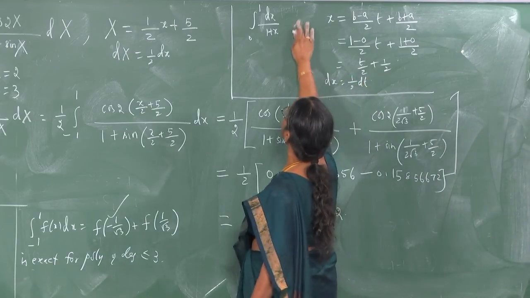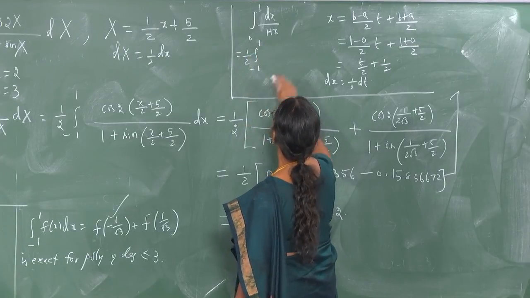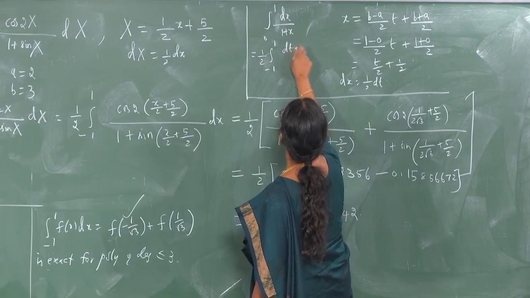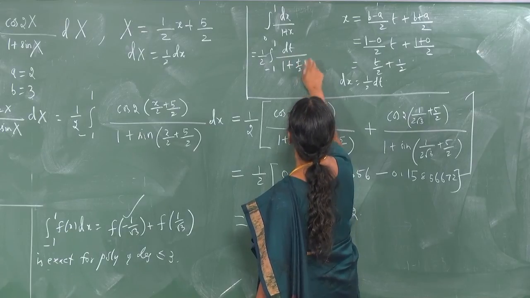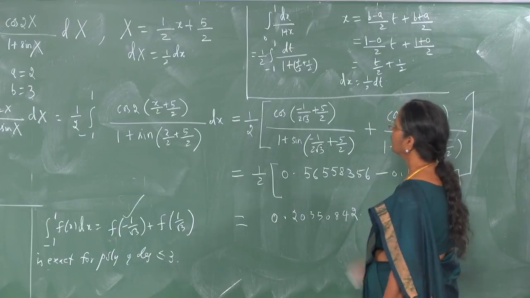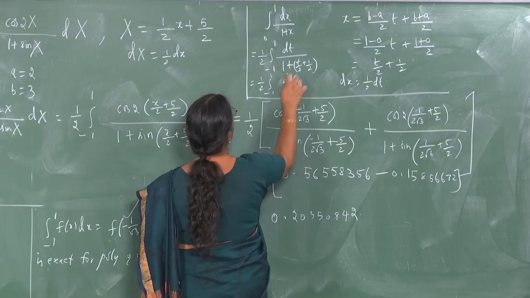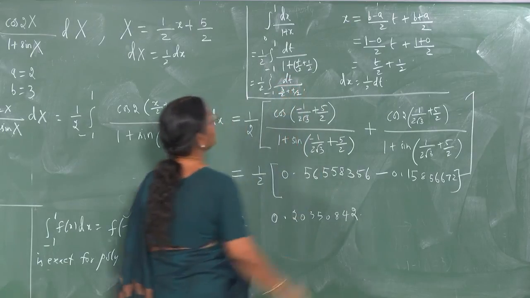So, what is the value of this integral? It is half integral minus 1 to 1, right. Dx is half dt divided by 1 plus what is x? T by 2 plus half. So, it is half of integral minus 1 to 1 dt by 3 by 2 plus t by 2.